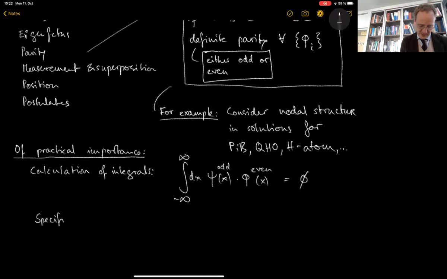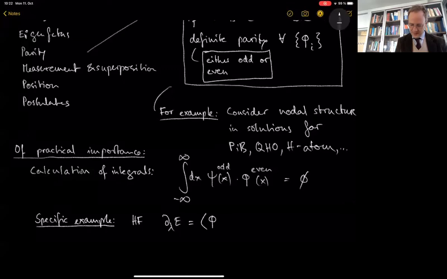We discussed the Hellmann-Feynman theorem in the beginning of the course as an example of the Hermitian operator. And so you know that the derivative of the energy with respect to lambda is the expectation value of the derivative of the Hamiltonian with respect to lambda.